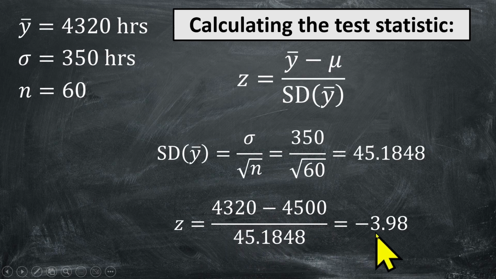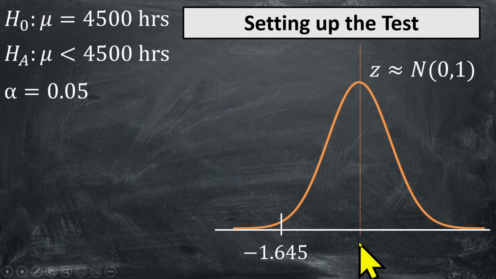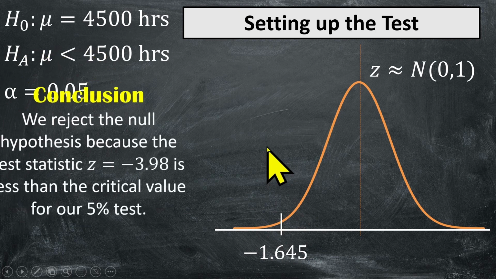And so what we get in the end is that 4,320 hours is 3.98 standard deviations to the left of the mean value under the null hypothesis. This is a very big distance away from the mean value. So we can guess that we're going to reject the null hypothesis. And indeed, looking back at our decision rule, as long as our test statistic is less than this critical value, we're going to reject. So clearly here, we do reject.